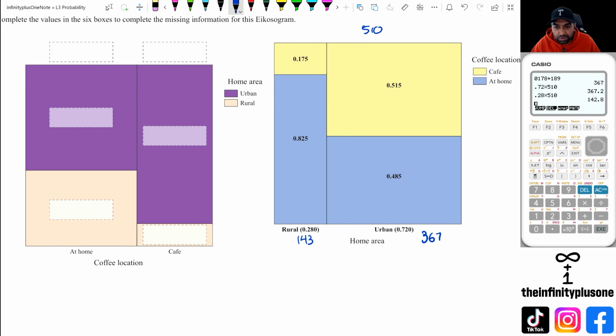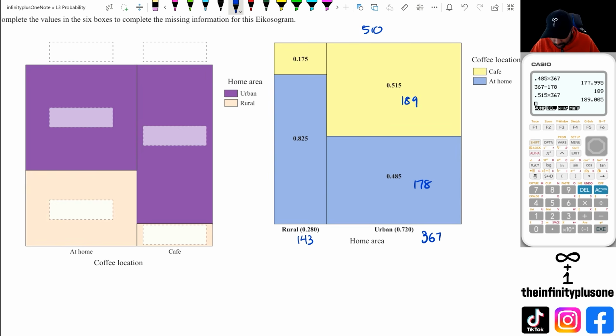Now, the next thing to notice is that 0.485 of 367 is coffee at home. So 0.485 times 367 gives me 178. If that's 178, then 367 take away 178 should give 189 for the top, but let's see. 0.515 times 367. Yeah, that's giving me 189.